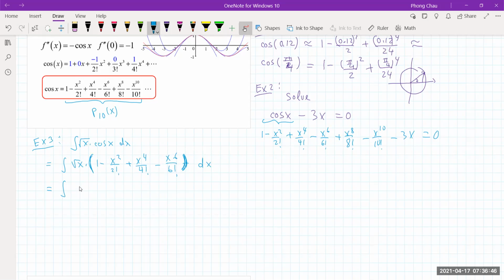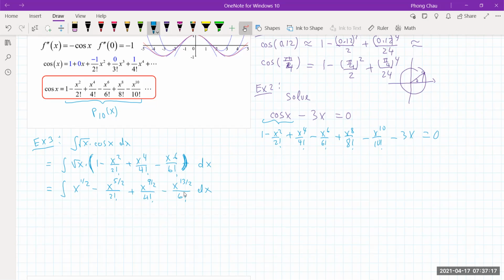Multiply it in, that'll be x to the half times 1, and then here, it'll be x to the 2 1/2, so it'll be x to the 5/2 over 2 factorial plus x to the 4 1/2 or 9/2 over 4 factorial minus x to the 13/2 over 6 factorial dx.